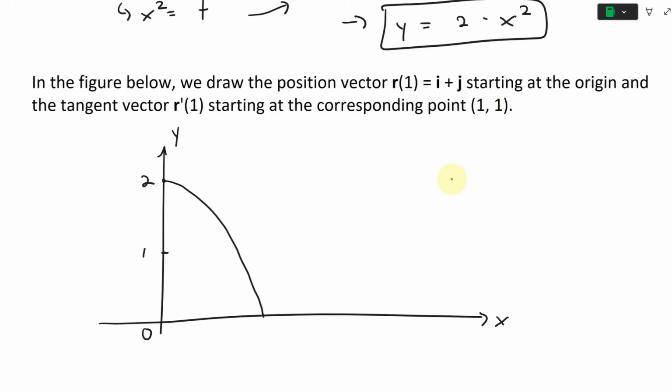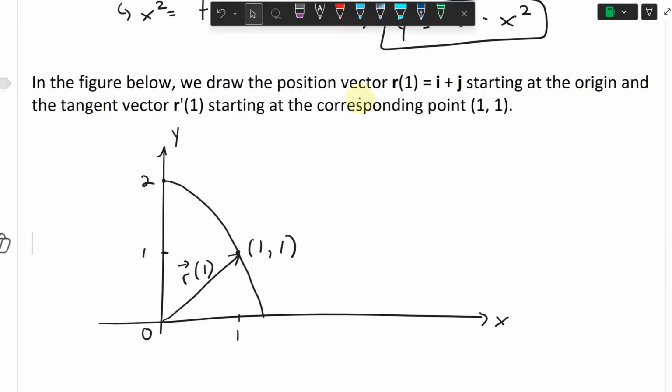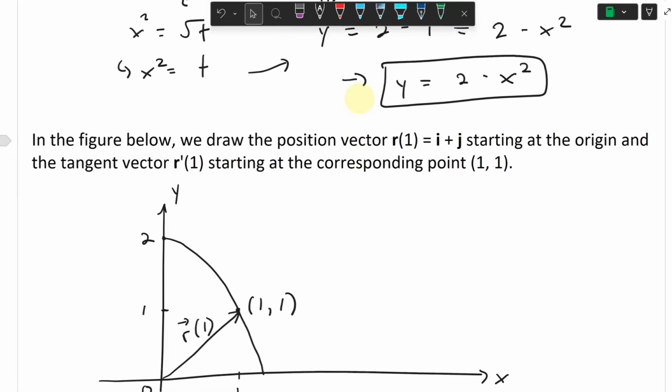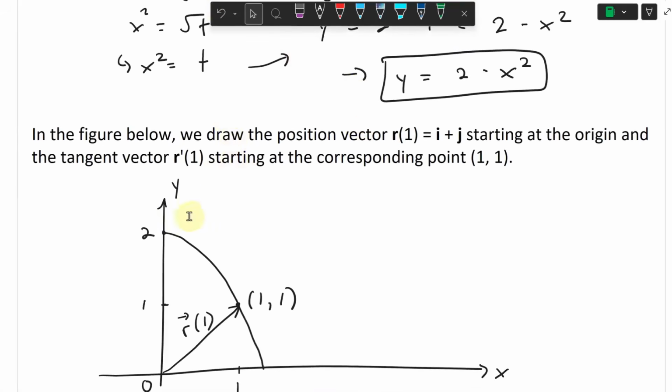So this is the point 1, 1, and this is the vector from here to here, the r of t vector.